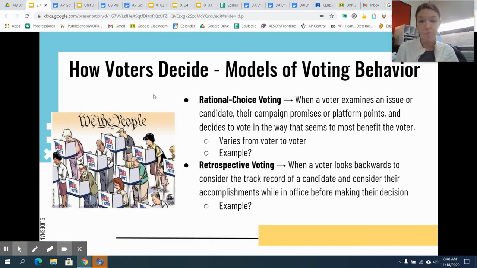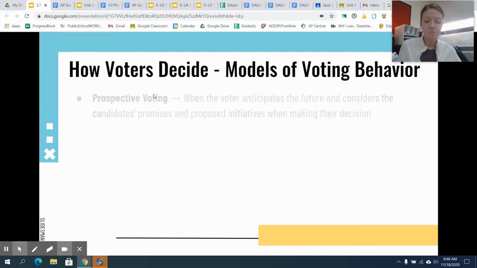So for example, if Republicans are in control of both parts of Congress and the White House, and let's say that there's an economic downturn, the economy tanks for whatever reason, a retrospective voter, especially a retrospective independent voter, is going to likely cast a vote for Democrats instead of Republicans, because in their mind, Republicans were the ones that kind of led to this economic downturn. So they're looking at how the party in power has performed and making their decision based on that.